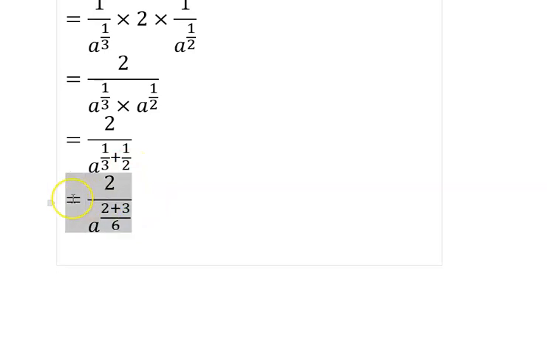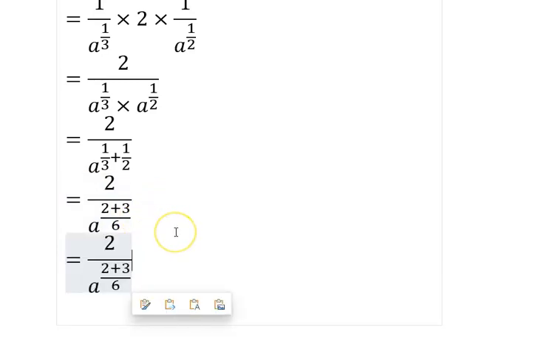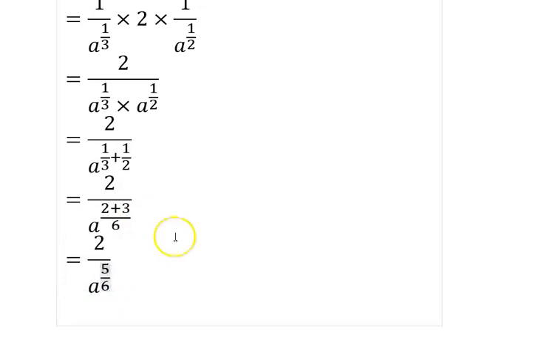So what we just need to do here is to work on what we have here. 2 plus 3 up here will give us 5. Beautiful. So we now have 2 over a raised to the power 5 over 6. We can leave our answer like this, or you can still apply the same principle.